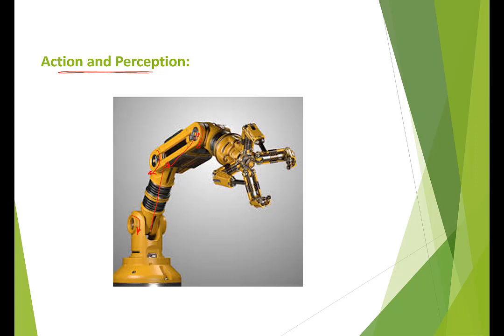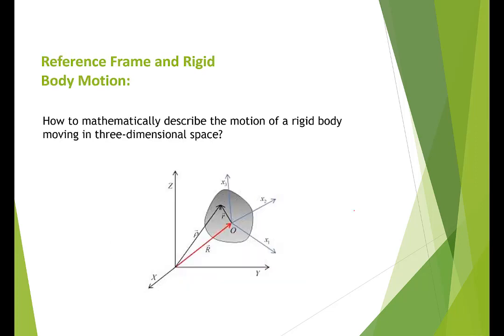Then we're going to get into a bit more mathematical concepts, and this is the part of the course that requires a basic understanding of linear algebra. First step is we want to model a robot mathematically and know how it behaves.